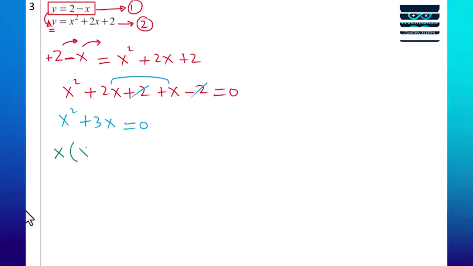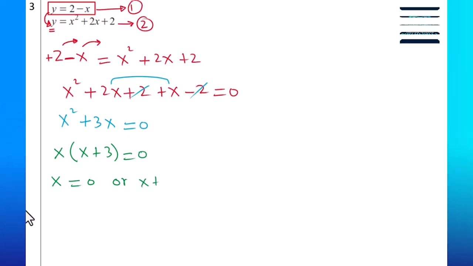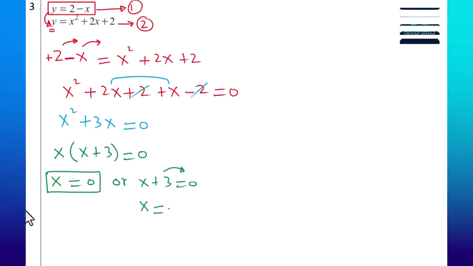What we have to write inside? x plus 3 equal to 0. From here, we can write x is equal to 0 or x plus 3 equal to 0. One of the answers we already got. And from here, you have to shift this positive 3 to the other side. This will become negative 3.